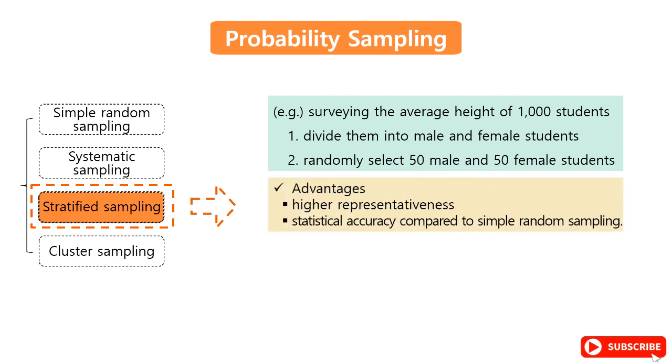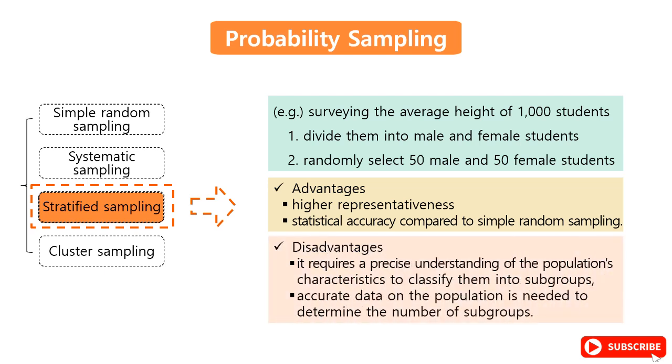Stratified sampling has the advantage of higher representativeness and statistical accuracy compared to simple random sampling. However, it requires a precise understanding of the population's characteristics to classify them into subgroups, and accurate data on the population is needed to determine the number of subgroups.